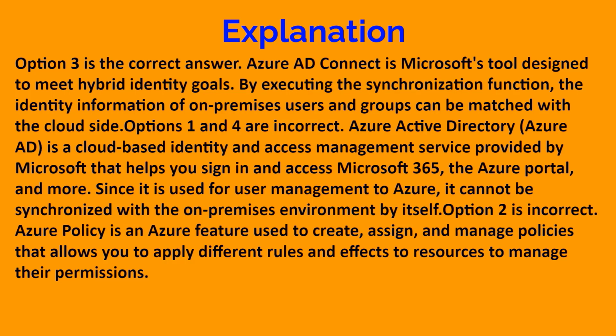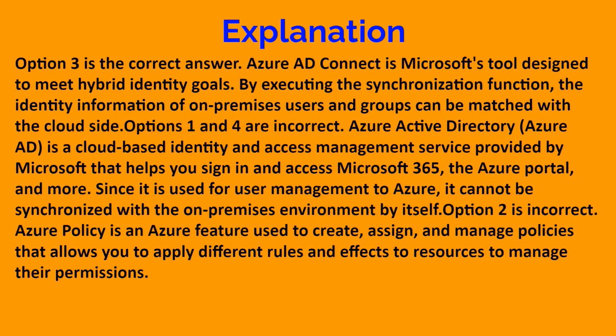Explanation. Option 3 is the correct answer. Azure AD Connect is Microsoft's tool designed to meet hybrid identity goals. By executing the synchronization function, the identity information of on-premises users and groups can be matched with the cloud side. Options 1 and 4 are incorrect. Azure Active Directory, Azure AD, is a cloud-based identity and access management service provided by Microsoft that helps you sign in and access Microsoft 365, the Azure portal, and more.